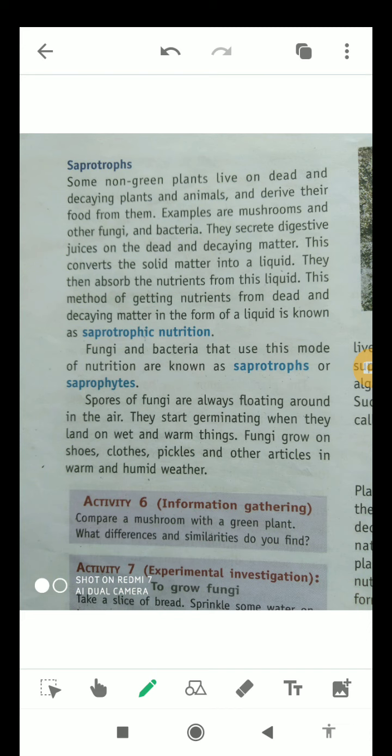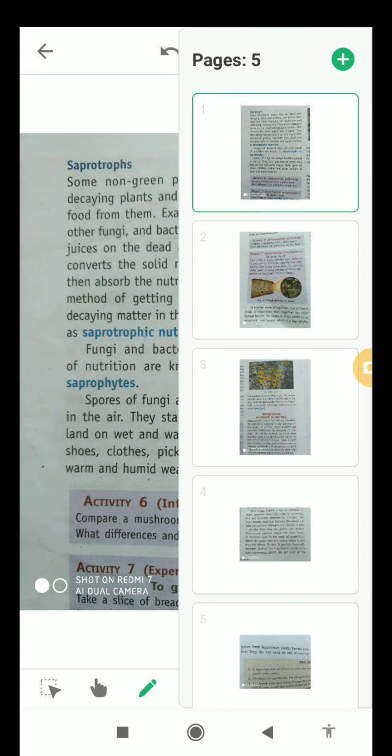Some spores of fungi are always floating around in the air, and they start germinating when they land on wet and warm things. Fungi grow on shoes, clothes, pickles and other articles in warm and humid weather. Okay students, now the next slide.